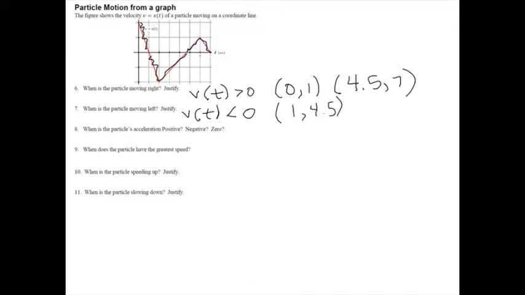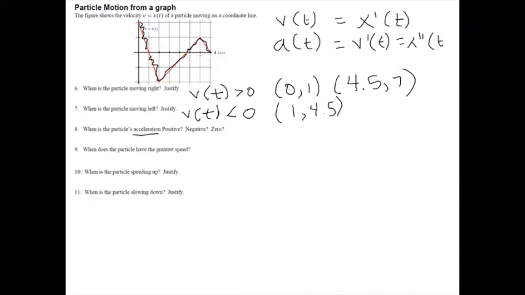Now think about acceleration. When we know v of t, that's the first derivative of the position equation. So when we want to find acceleration, that means that we're looking at the derivative of v of t, or the second derivative.